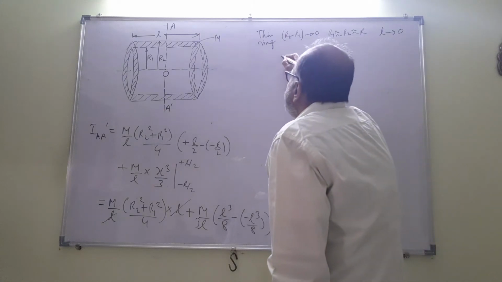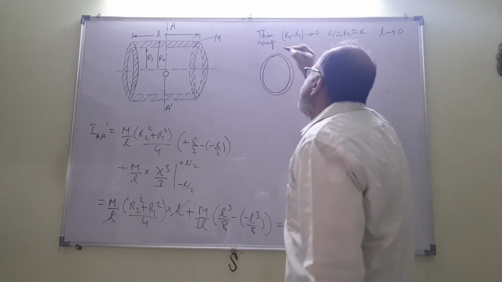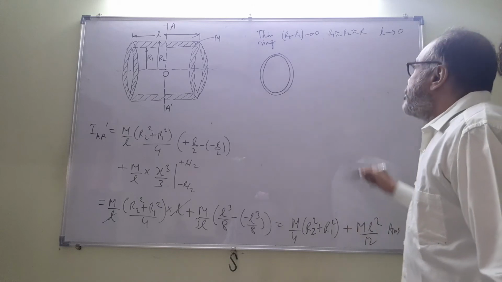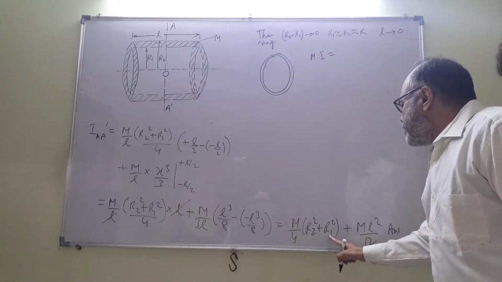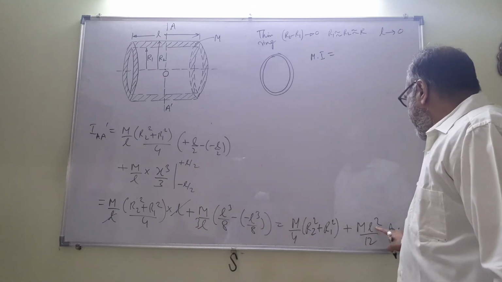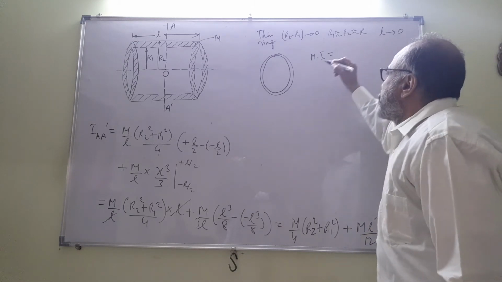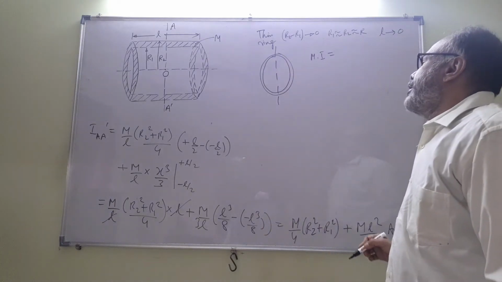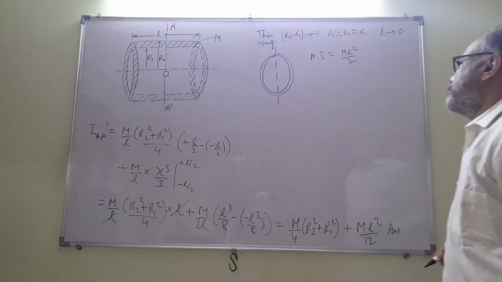So if you put the limits here, what would be the moment of inertia? If you put R1 as R squared and R2 as R squared, you will have 2R squared, and this L tends to 0, so this term will vanish, and you will have a moment of inertia about the diameter of the ring as simply mR squared by 2.